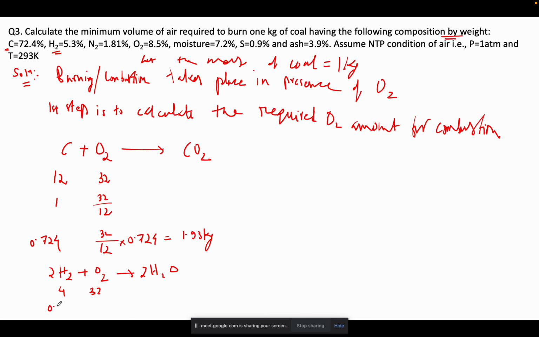So 0.053 is nothing but 32 divided by 4 into 0.053. Okay, 0.424 kg.